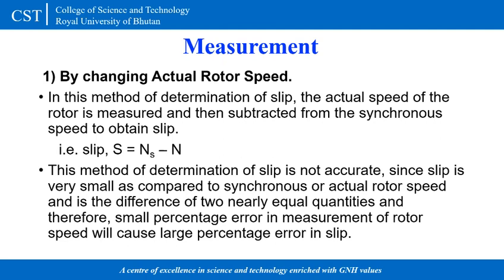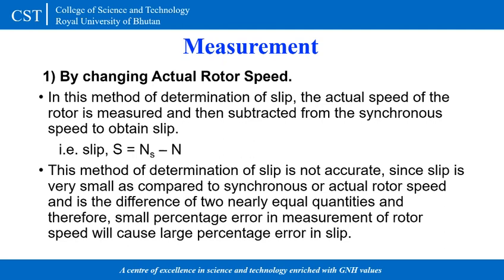But first, before I explain what we have to do in practical, we have to take into consideration that this method of finding slip is not that accurate, because the slip we measure here is very small as compared to synchronous speed, and the difference between the two is nearly equal quantities.